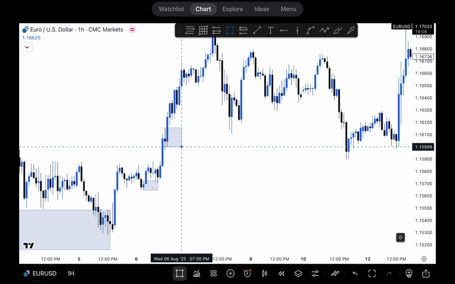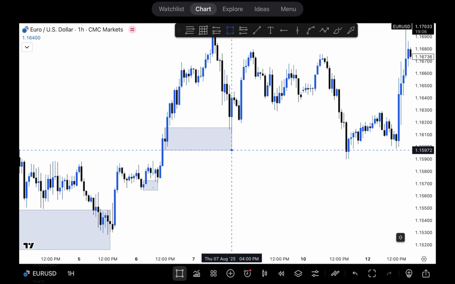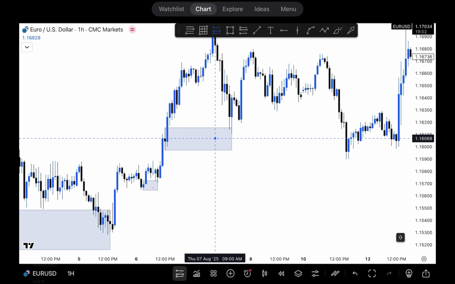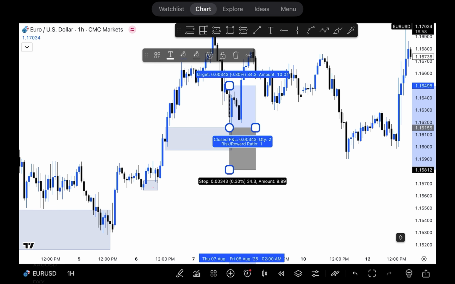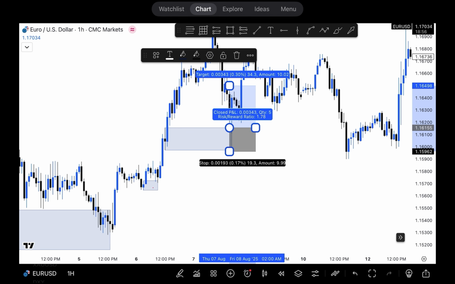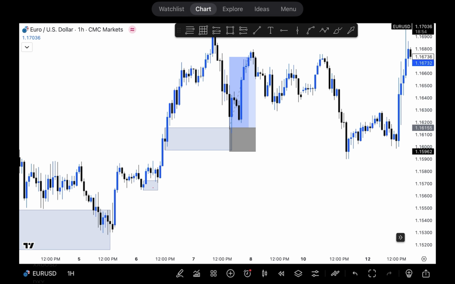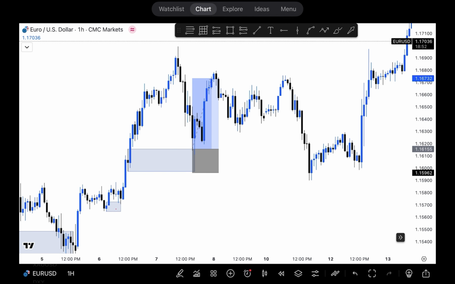And see what price did. It gave us a reaction, and then boom, to the upside, right? Don't forget that I said I have not added any other confluence to this. I'm just trying to let you guys know how the candle looks on a live chart, right?